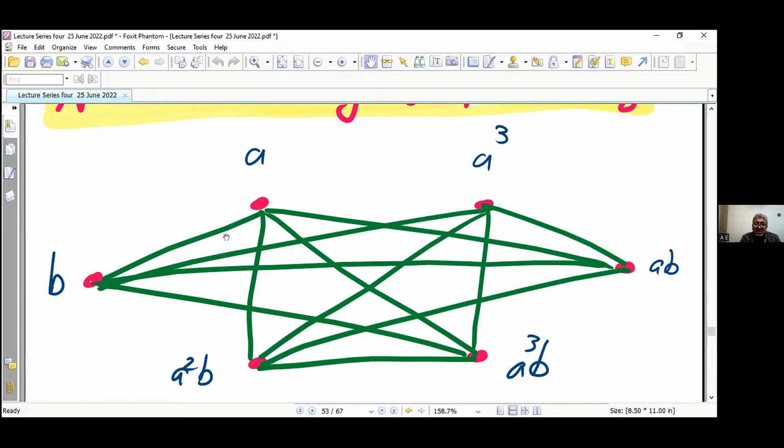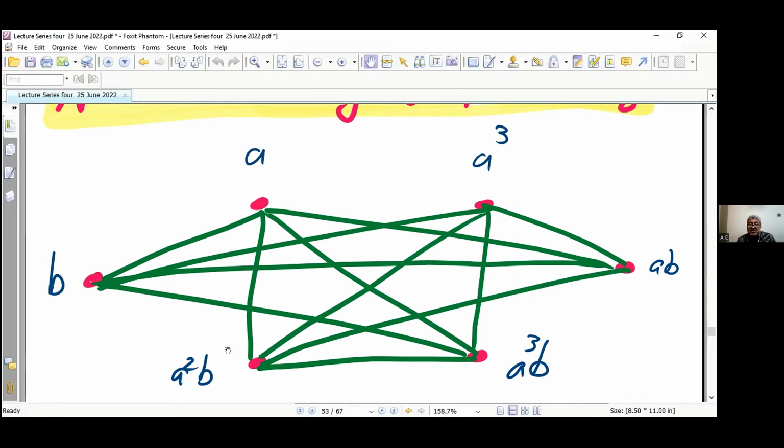And here are some other edges for vertices B, AB, A square B, and A cube B. Here we don't have an edge between B and A square B, because A square B times B is A square, B square is A square.